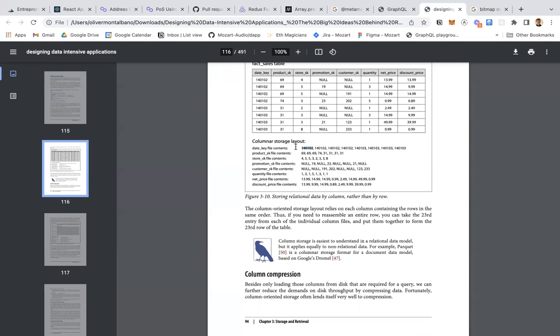Then it would go in and... how does that actually work? So you'd read from the parent column or whatever.